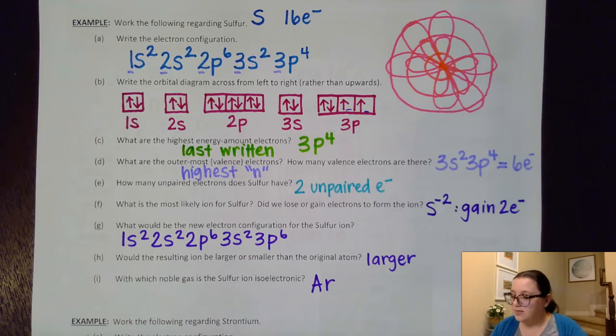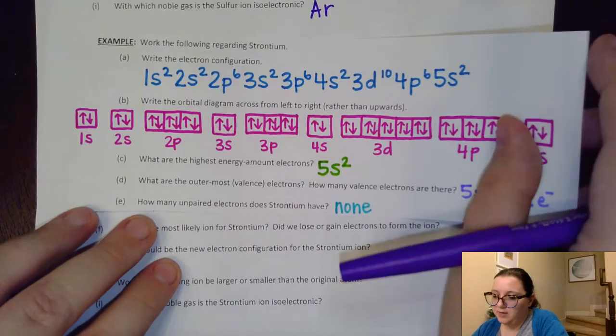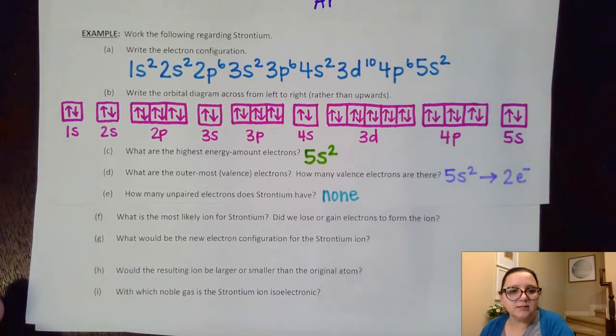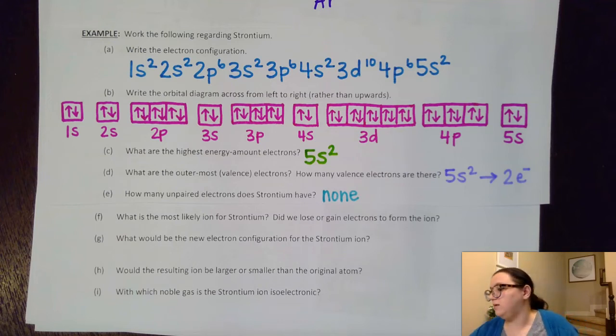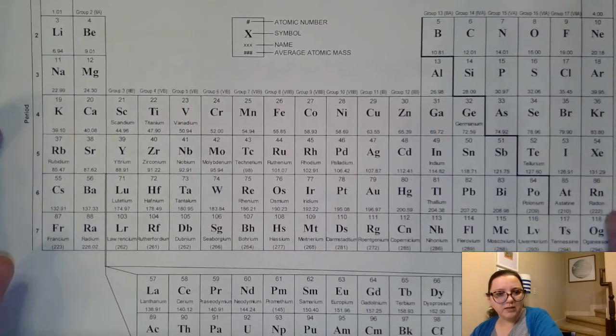All right, let's do the same thing for our strontium example now below. And I'm going to put back up here what my answers were for this. And so on here it asks, hey, what is the most likely ion for strontium? Do we lose or gain electrons to form the ion? Well, remember, strontium being a metal, what does it like to do? Does it like to lose or gain electrons?